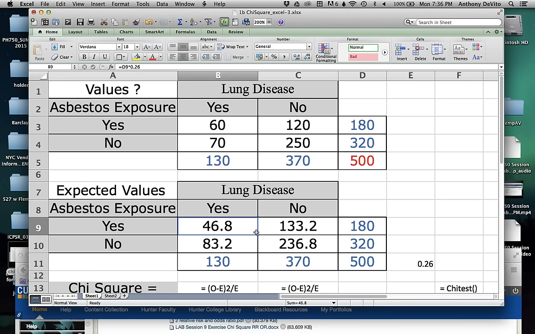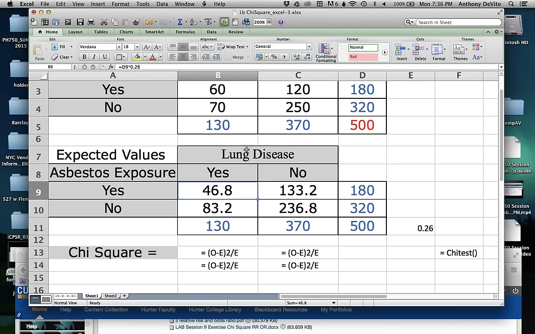Well, I want to create a statistic that helps me understand whether the differences in these numbers are just due to chance, to sampling. I just happen to get lucky and get more people, or unlucky and get fewer people that had lung disease in each group, or whether it's due to a real difference in these two exposures and results, right?